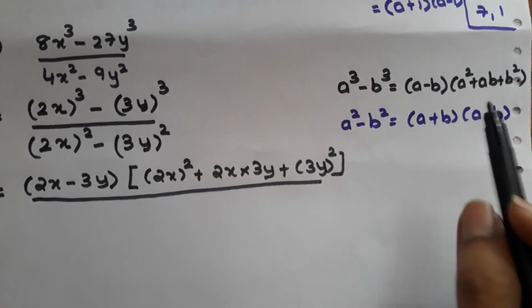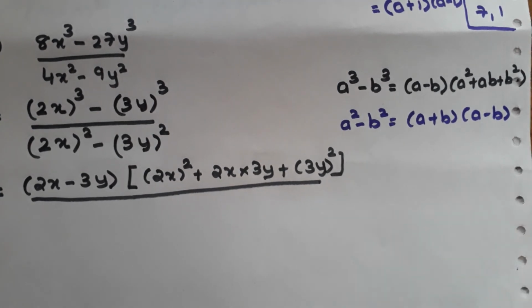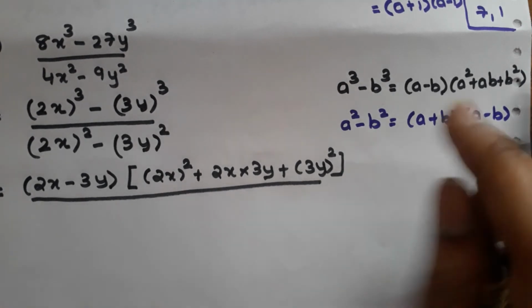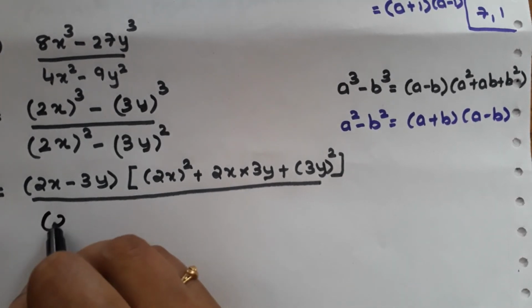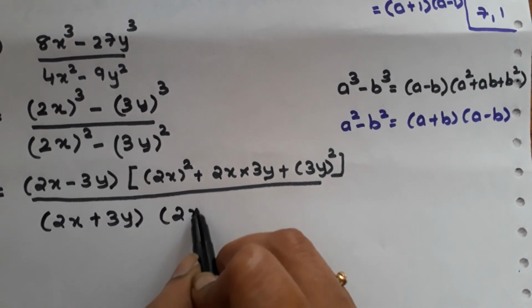Here also for the denominator use the expansion formula a square minus b square. Now in this case a is 2x and b is 3y. A plus b, 2x plus 3y, and 2x minus 3y.